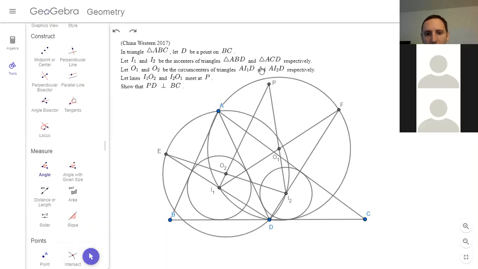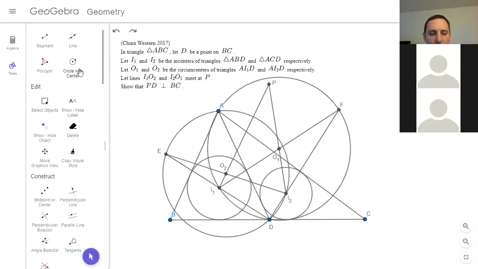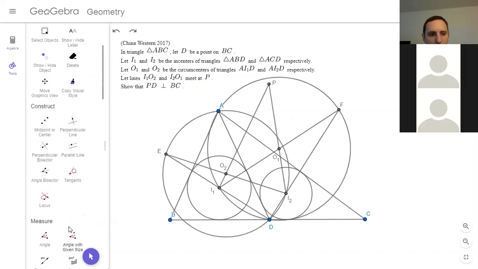But maybe there's some other, let's see. Maybe DO1P is similar to DO2E. Well, that would mean that would be isosceles, which I would be surprised. No, I don't think that's right. Are triangles EO2D and DO1F similar? 14.2. I don't think so. No, 24.6.